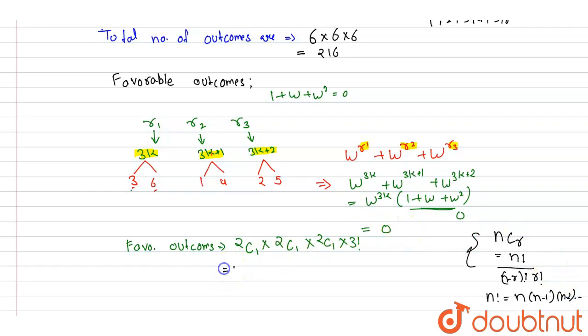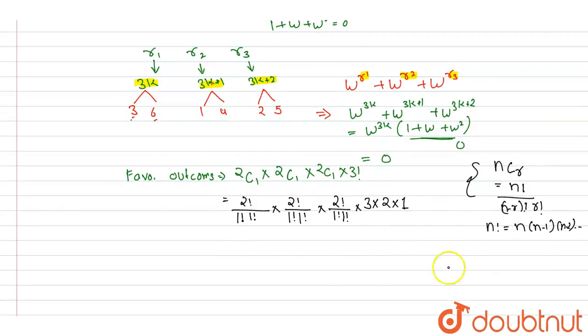So here we can solve 2C1, that is 2 factorial upon 1 factorial into 1 factorial, which is 2. Similarly for the others, 2 and 2. Then 3 factorial is 3 into 2 into 1.